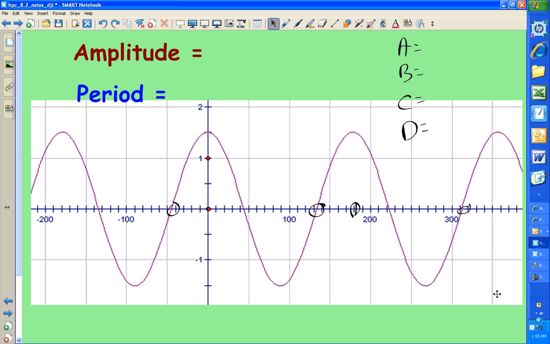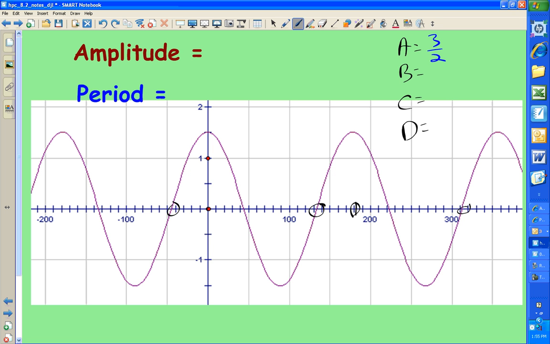It does not make any difference which one you do. Either way, what's the amplitude? What's the amplitude for this one? 1.5 or 3 over 2, whatever way you want to write it. So 3 over 2 is your amplitude.